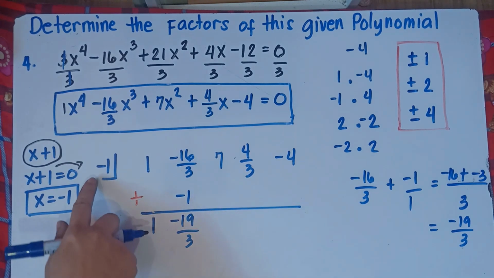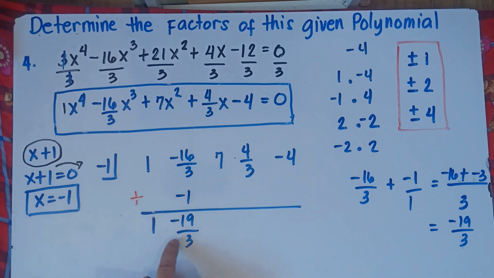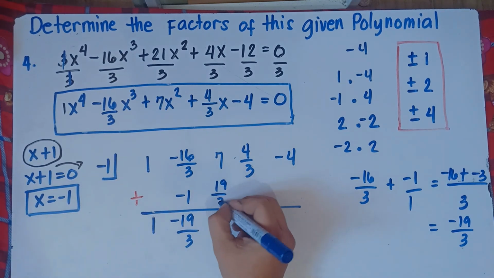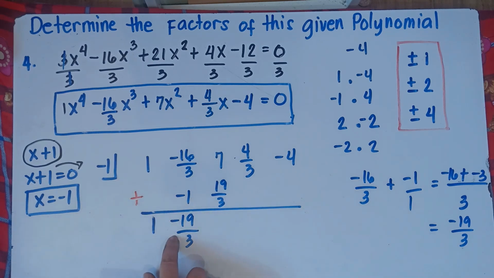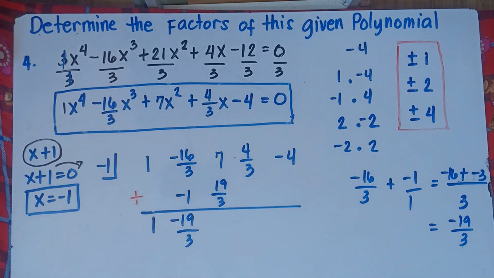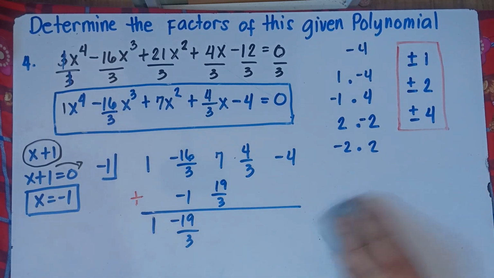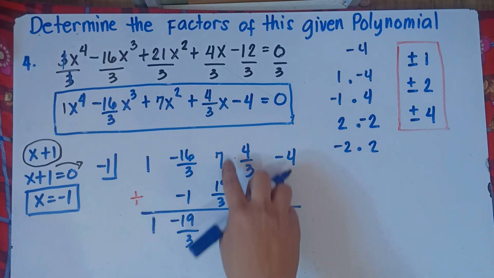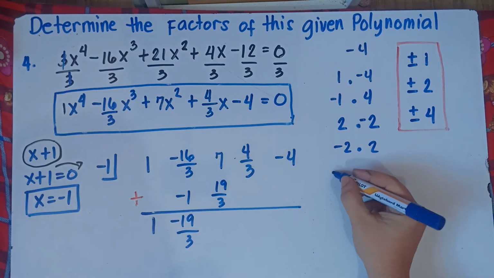Alright, and then you multiply negative 1 times negative 19 over 3, that would be positive 19 over 3. Negative times negative is positive. Any number multiplied by 1, the answer is the number itself. So copy 19 over 3, positive 19 over 3. Then you combine 7 plus 19 over 3.